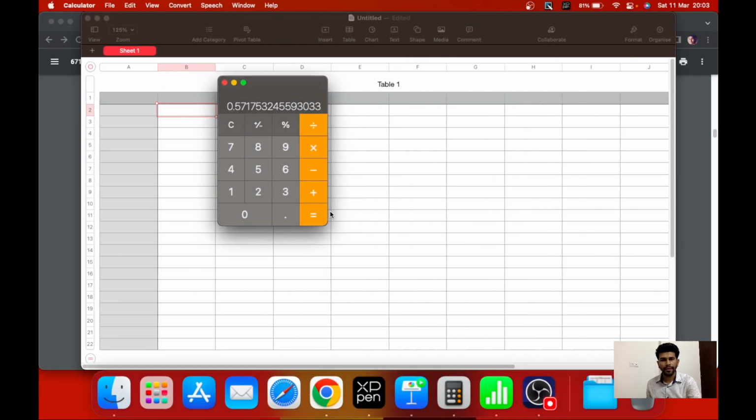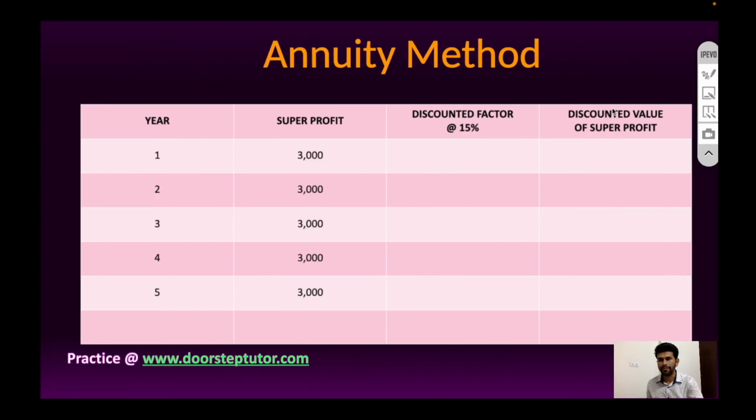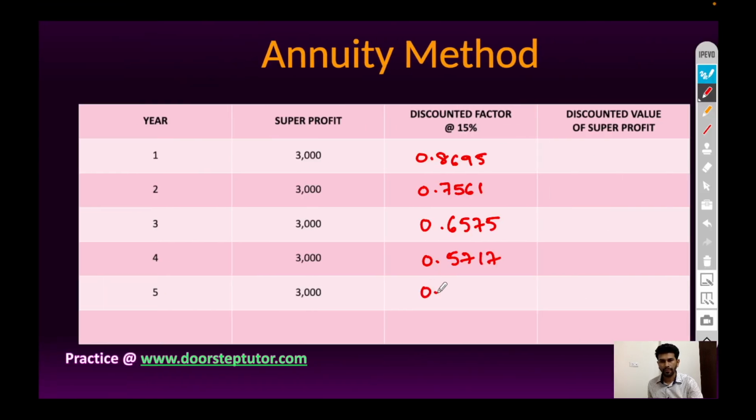And next, 0.4971. Now we have got discounted factor for each year.